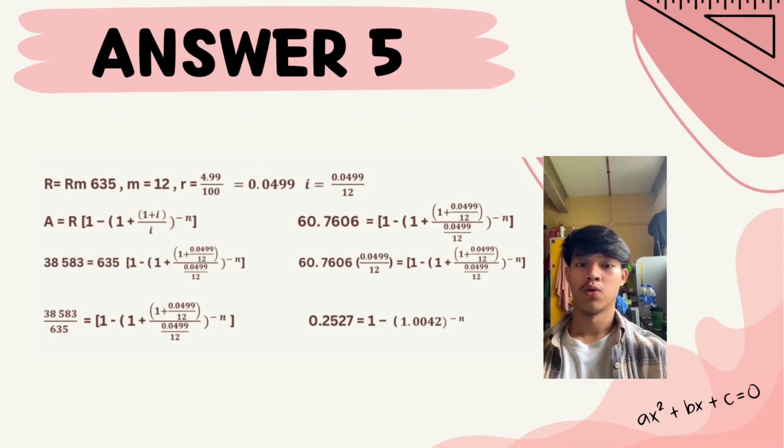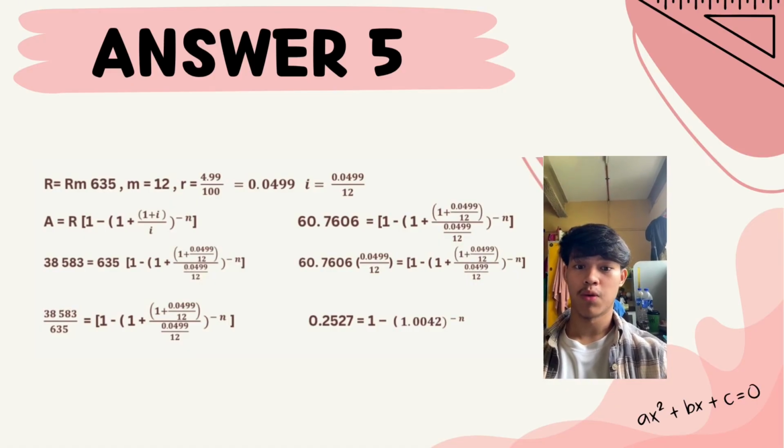So here it is. We are given a monthly payment of 635 ringgit, which has a yearly interest rate of 4.99%. Since payments are monthly, we need to divide by 12 to get the monthly rate, which is 0.004158. So we use the annuity formula as you can see.